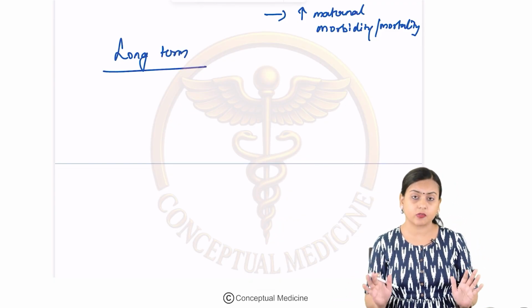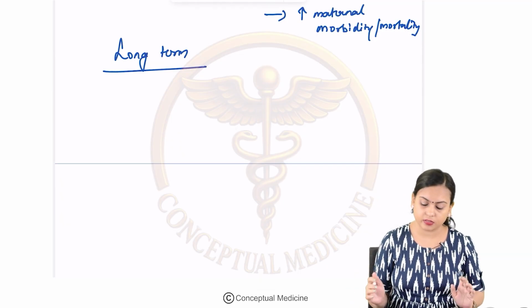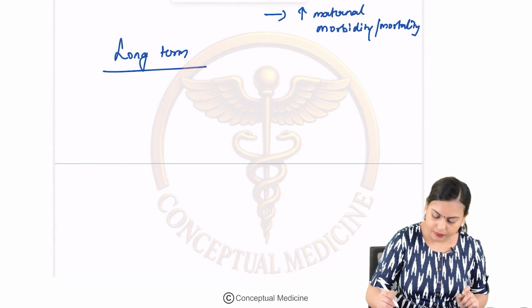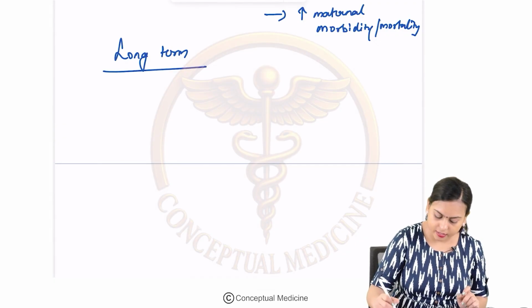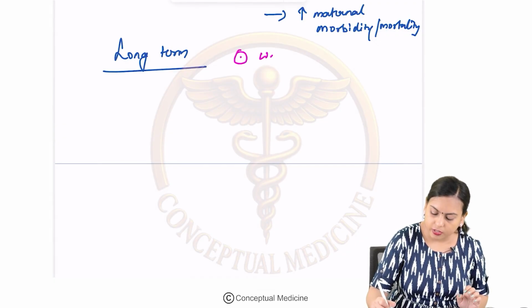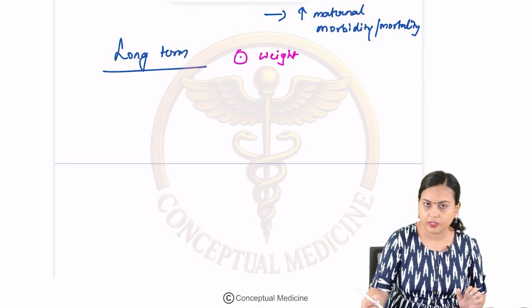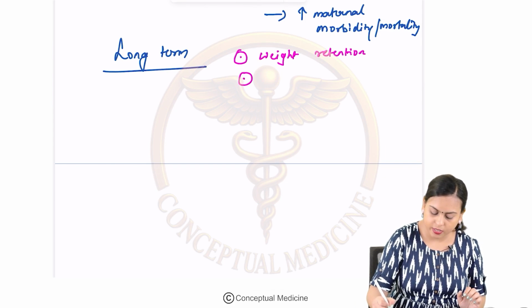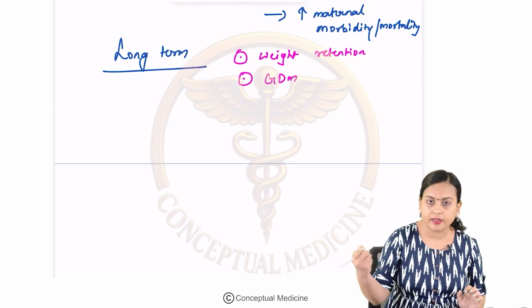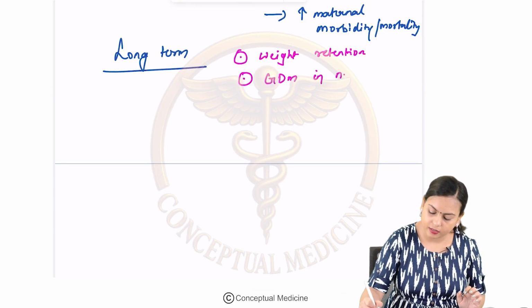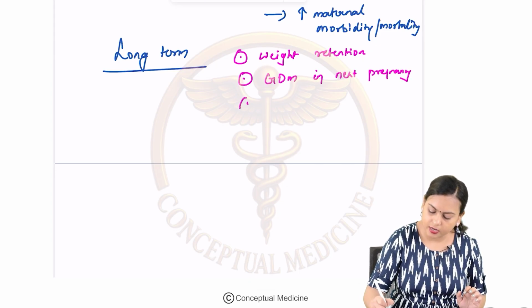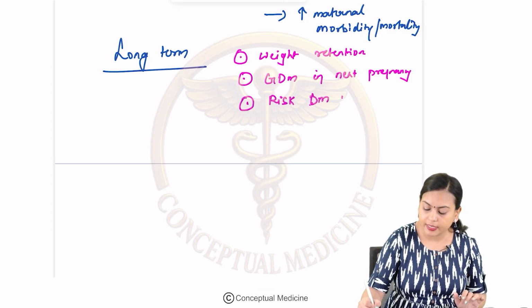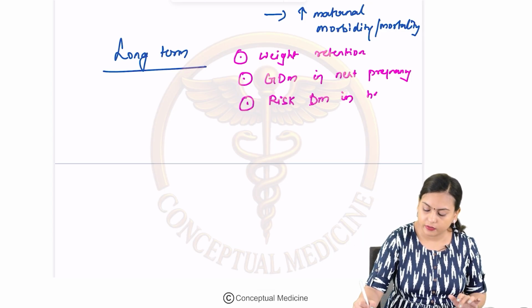Now, I also want you to know the long-term complications that the women can have, even if she is diagnosed as a case of gestational diabetes mellitus. There is a long-term chance that she may not lose the weight that she has gained during pregnancy, so weight retention can be there. And there is a higher risk of GDM in the next pregnancy, and also she is at a high risk for DM in her future.